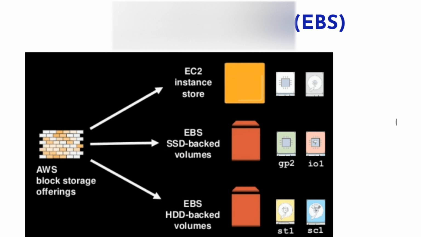Moving down the list, we have General Purpose SSD, also known as GP2 or GP3. This storage option provides a good balance of pricing and performance. It is particularly suitable for boot volumes as it offers persistent storage, meaning data remains intact after a reboot or instance termination.